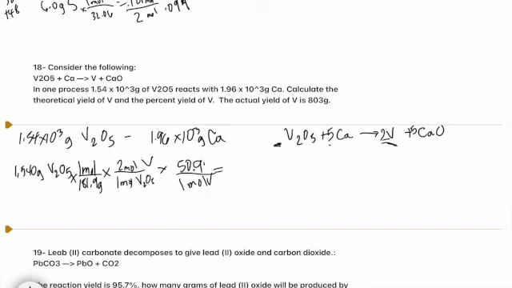And you'll notice that I put those in the wrong spot there. I would not have been able to cancel out moles and be left with grams. So apologies there as I switch that around. And so now my moles cancel out and I will be left with grams.